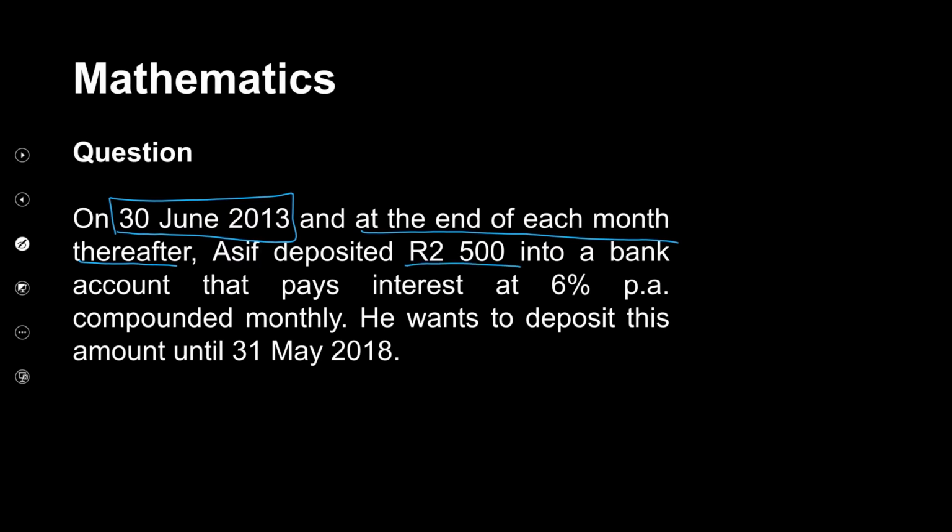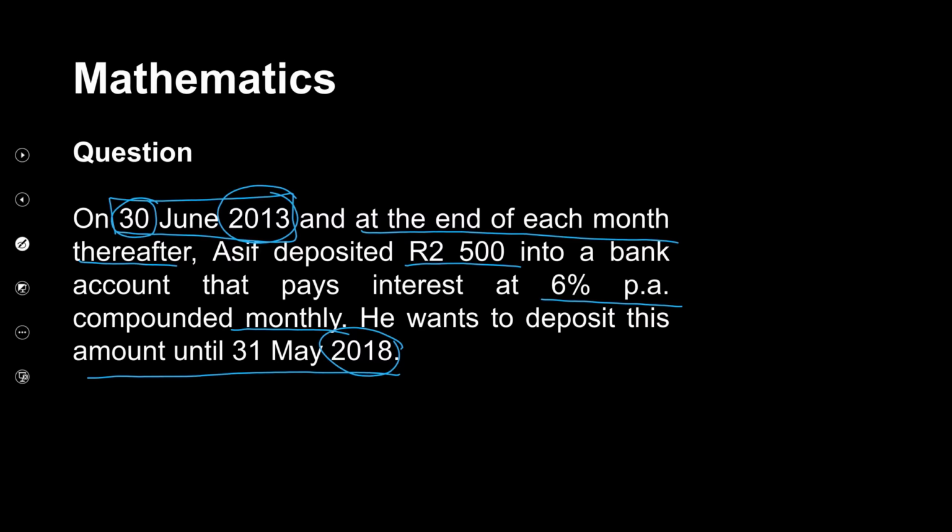Asif deposited 2.5 into a bank account that pays interest at 6% per annum, compounded monthly. Now he wants to deposit this until 31 May 2018. So you can see that from 2013 to 2018, this is 5 years. And also it makes sense that it's 5 years because it's from June to May.